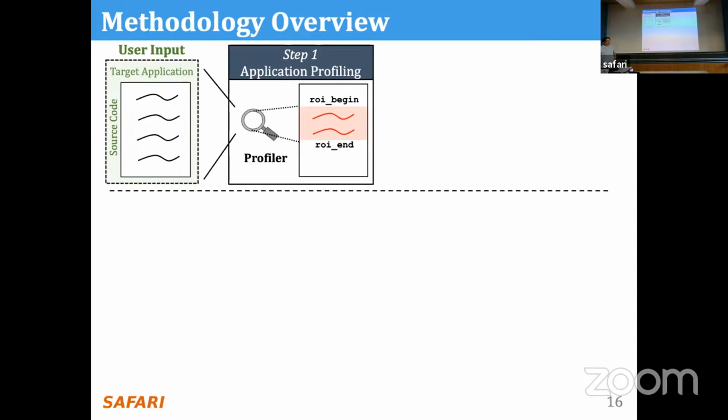That's why we need these hooks, ROI begin and ROI end, that define the part of the code that we want to analyze. You could do it for the entire application as well, but because applications have phases and different phases have different requirements, different access patterns, for example, it probably doesn't make sense to analyze the entire application as a whole, right?